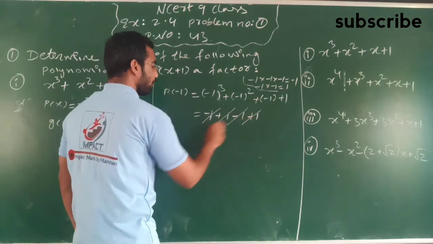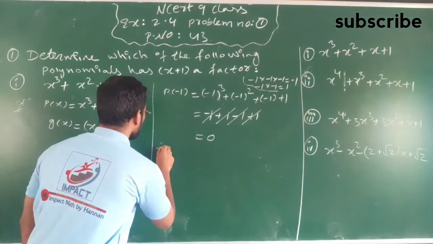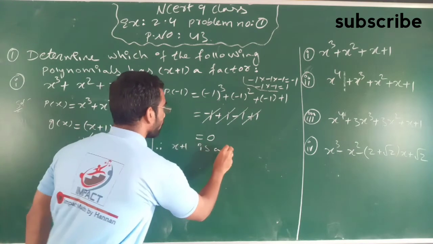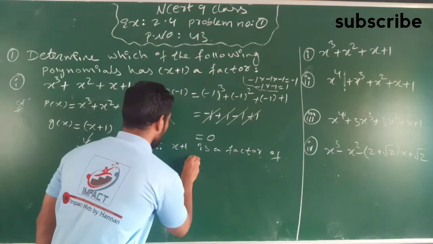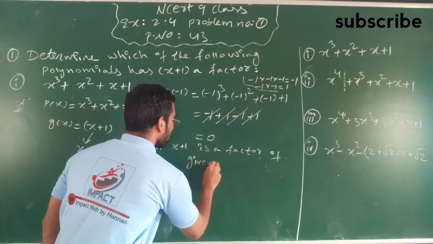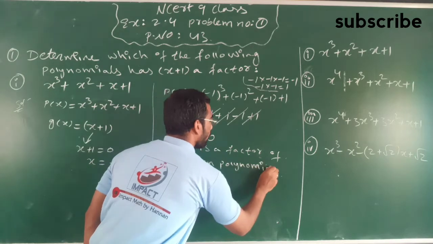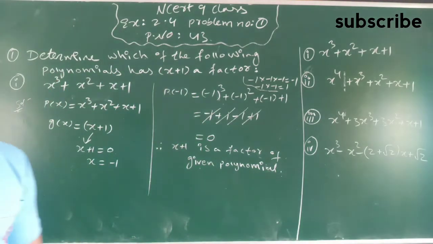Minus 1 plus 1 minus 1 plus 1 cancels. What is the answer? 0. Therefore x plus 1 is a factor of the given polynomial.